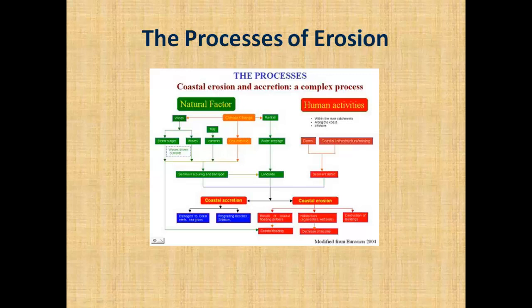And then we have vegetation, which influences the slope stability, and vegetation also protects the shore. It absorbs the energy from these waves, which helps prevent erosion.